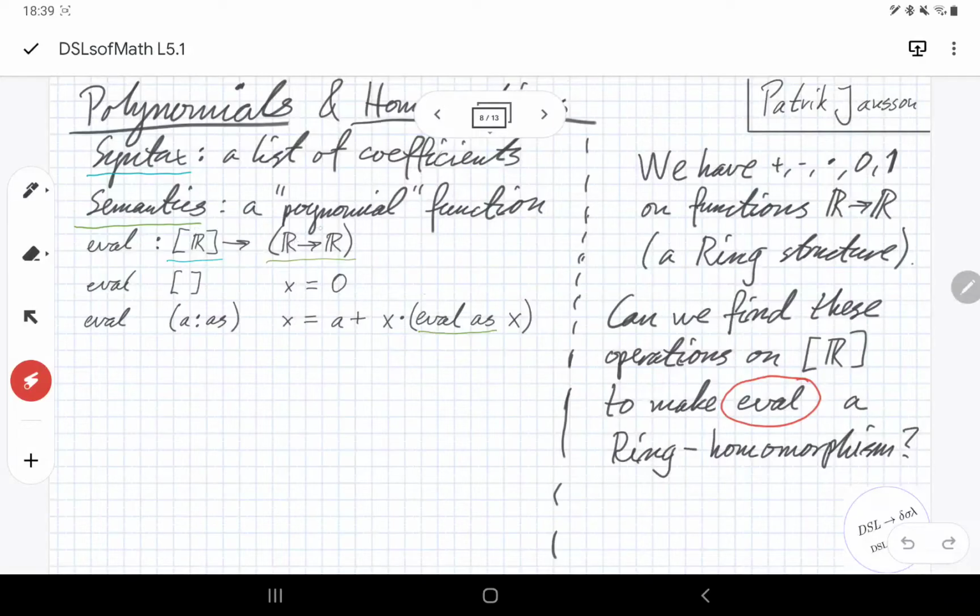The question is, can we move those operations backwards, up the chain sort of, to the syntax for polynomials, to define corresponding operations on just lists of coefficients? So basically we want to make this eval a ring homomorphism. We want to preserve the operations from the syntax level to the semantics level.